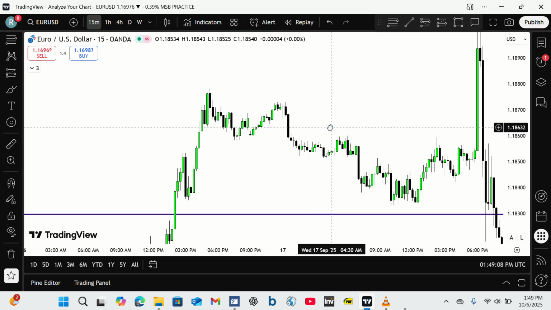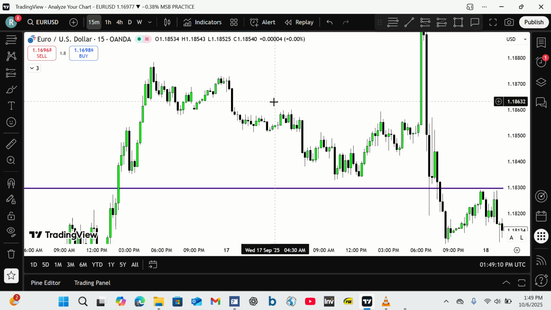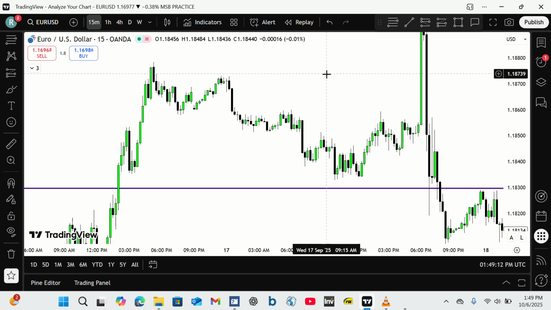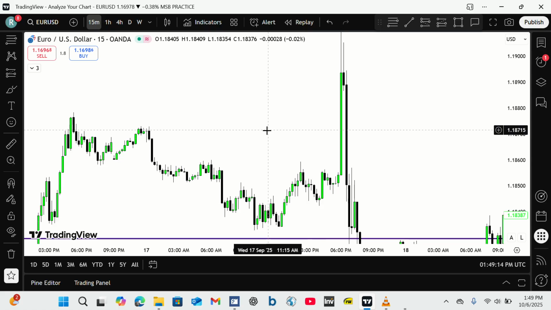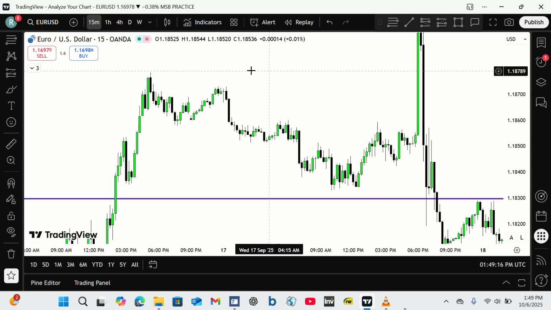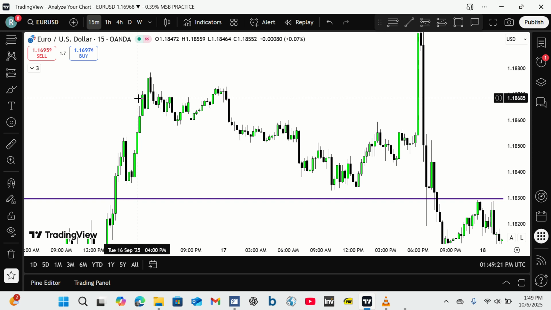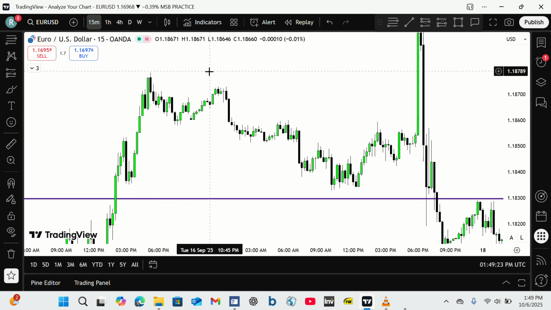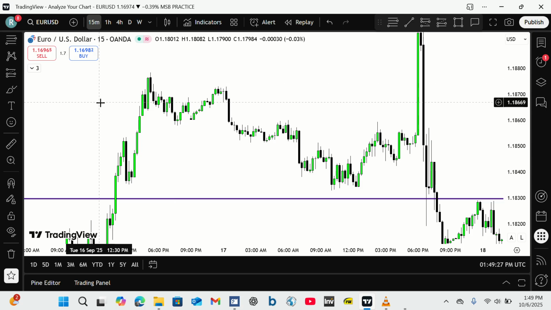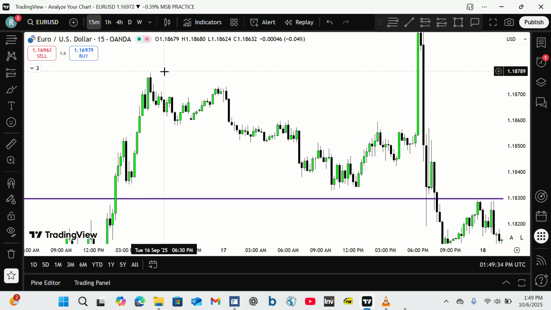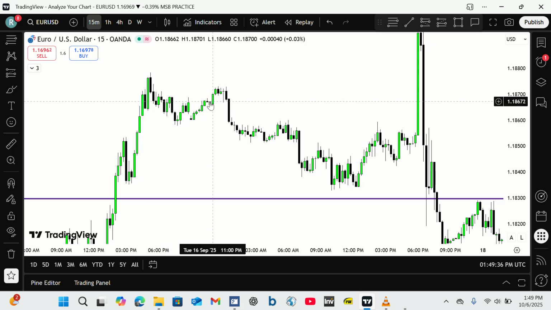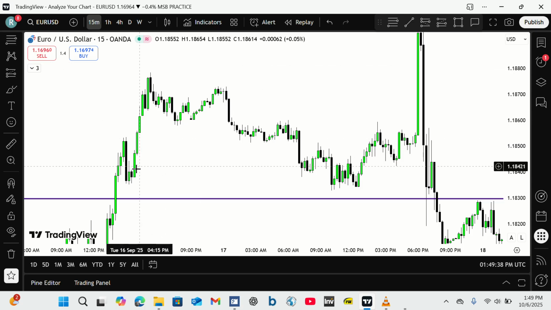Swing points are a three candlestick pattern. We have two types of swing points: the swing high and the swing low.